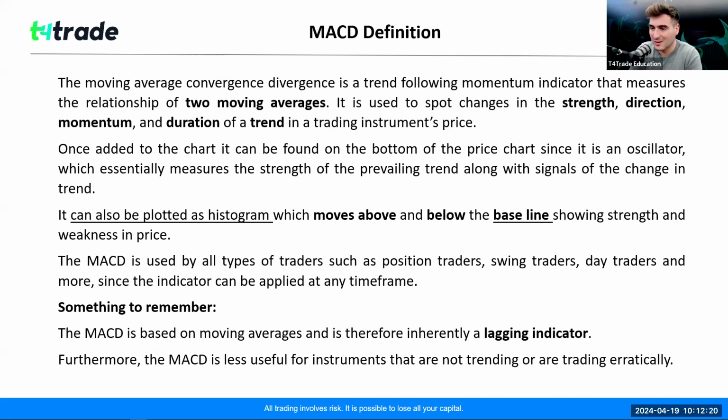And something else to keep an eye out for when we're talking about moving averages in general, hence moving average convergence and divergence as an indicator, is that it is a lagging indicator, a trend following indicator. So therefore, if you have a trend, yes, it's useful. Either the market moves upwards or downwards, yes, it is useful. Whereas if you have an instrument that is trading sideways or in a trading range, it's not going anywhere, it's just going up and down within a tight bound for a prolonged period of time, in a sense having no identifiable direction, MACD is not that useful.